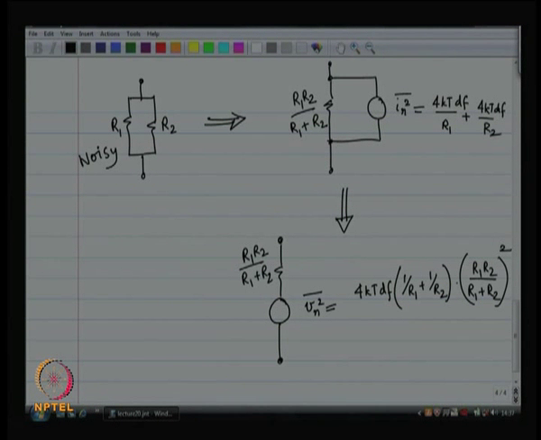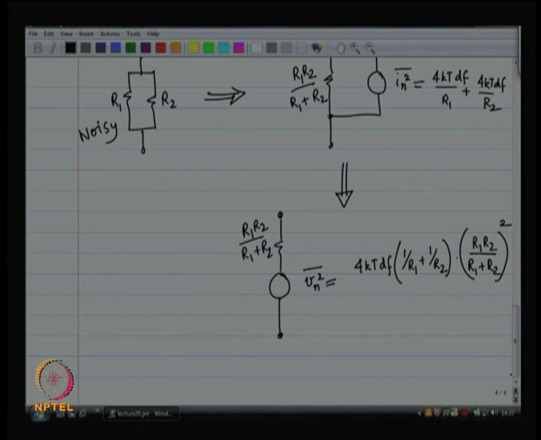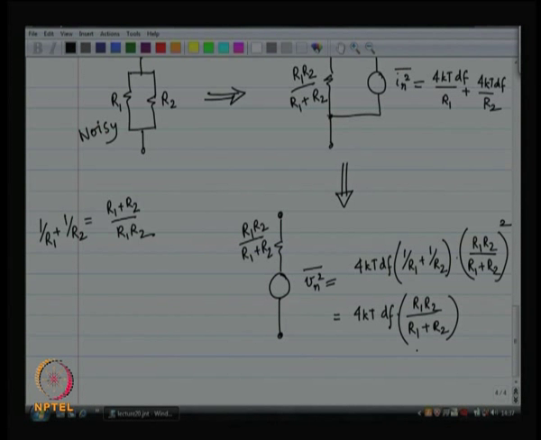All right. Now, I hope you have figured out by now that 1 by R1 plus 1 by R2 is really equal to R1 plus R2 by R1 R2. So, this is going to give me 4kT df times R1 R2 by R1 plus R2, which is the result that you expect.